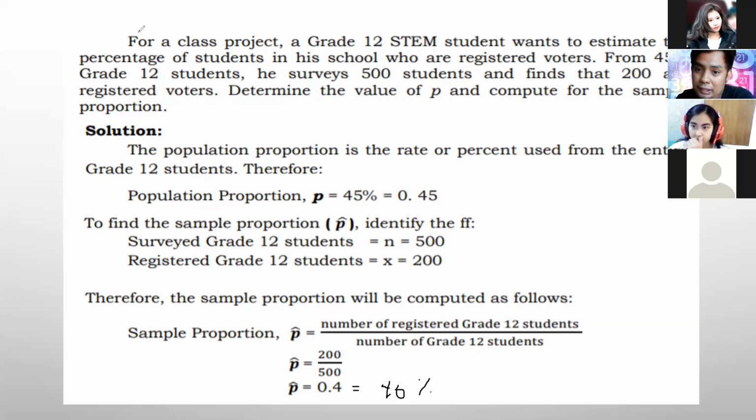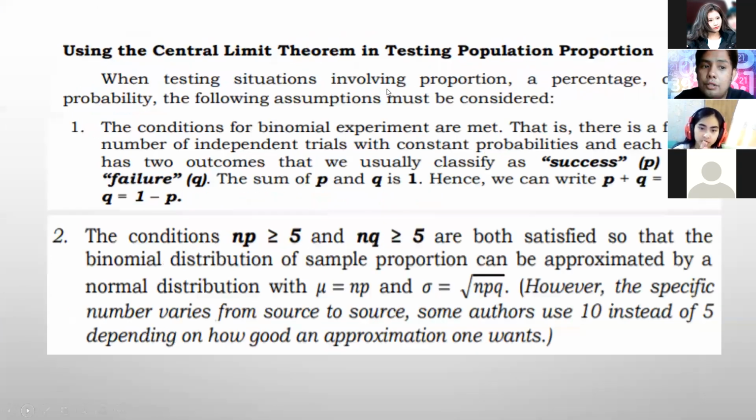Okay? Ngayon, pasok tayo sa ideyang ito. Using the central limit theorem in testing population proportion. So itetest natin yung population proportion. Sabi natin, ano yung central limit theorem? Hindi na to bago sa inyo kasi na-discuss natin to last time.